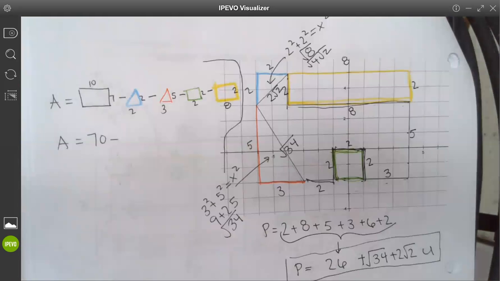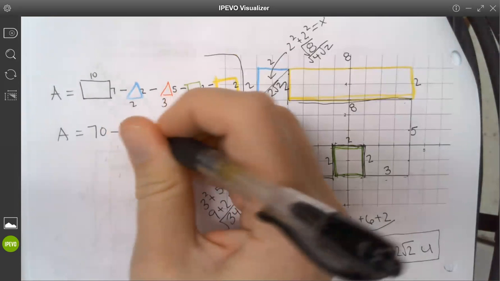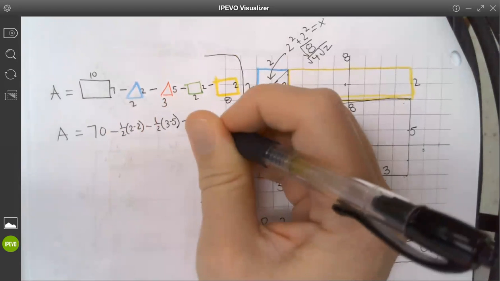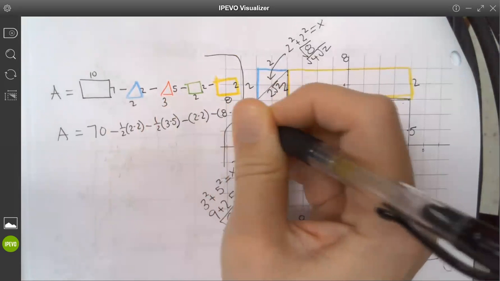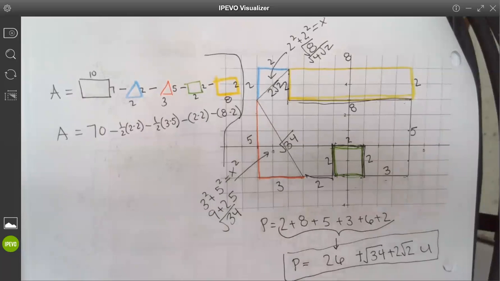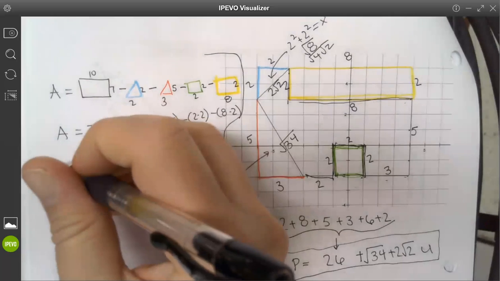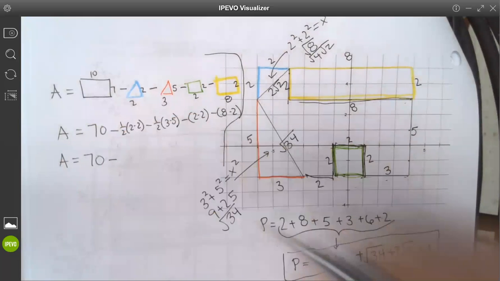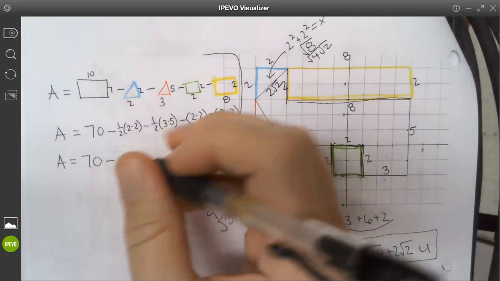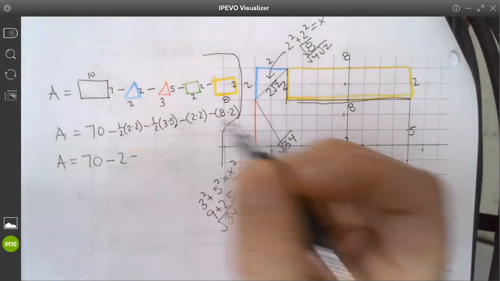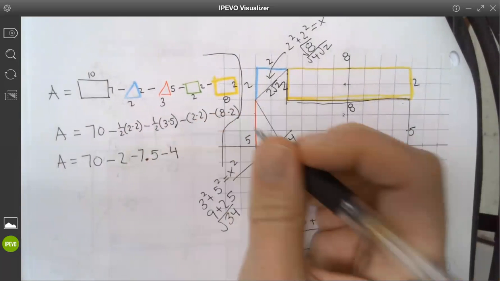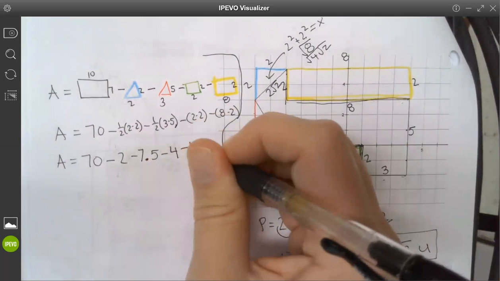70 minus 1/2, 2 times 2, minus 1/2, 3 times 5, minus 2 times 2, minus 8 times 2. Remembering that the boxes would not have the 1/2. 1/2, 2 times 2, 2. 1/2, 3 times 5, 7.5. 2 times 2, 4. 8 times 2, yep.